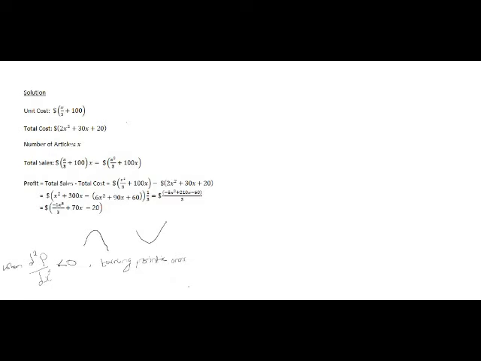Now we should also remember that at turning points, dy dx, that's the first derivative, which in this case is dp dx, is always equal to 0. So whether it's a minimum point or a maximum point, your dy dx is always going to be equal to 0. So we should keep this in mind.